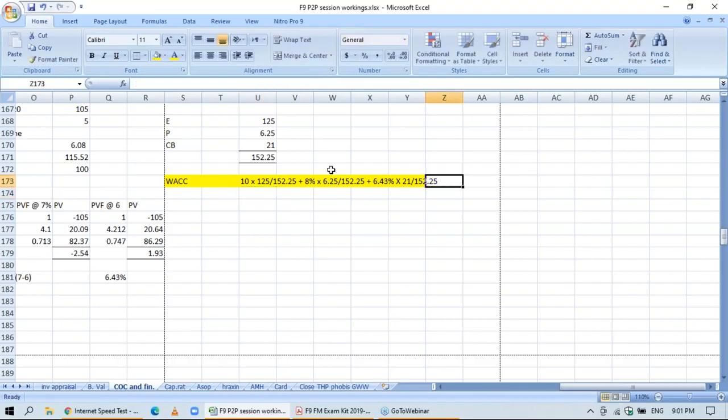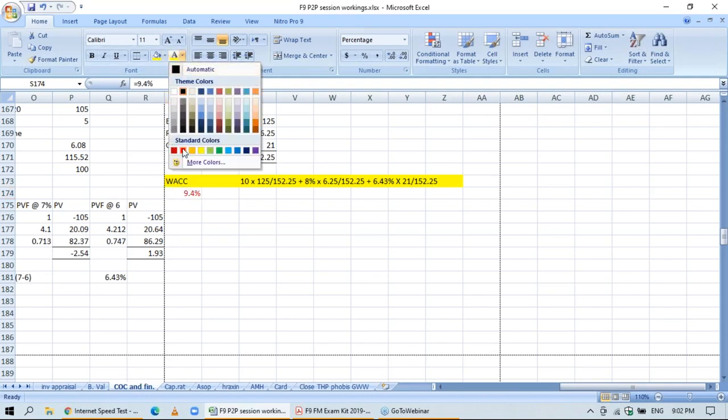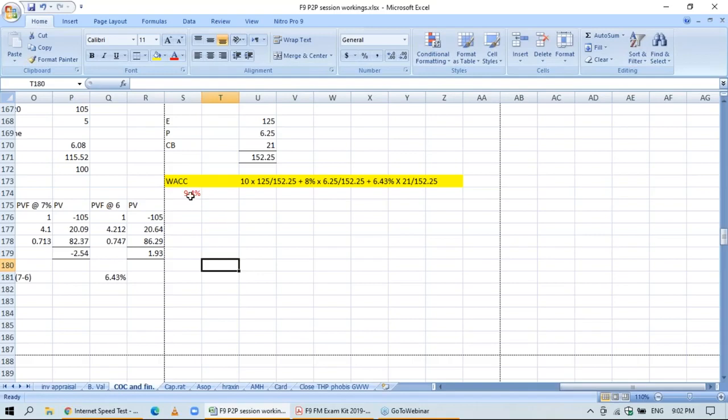This gives you the WACC. So the WACC is calculated to be 9.4%. So 9.4 is the weighted average cost of capital in this situation.